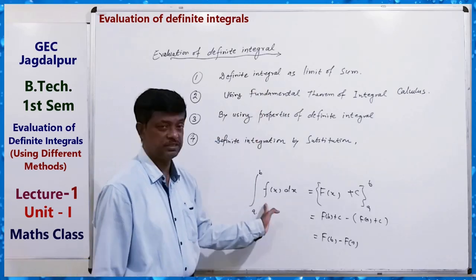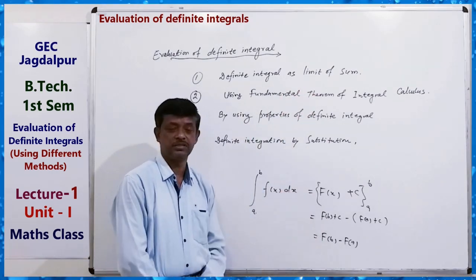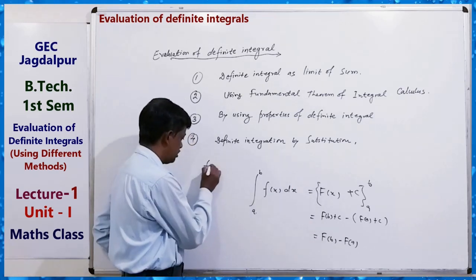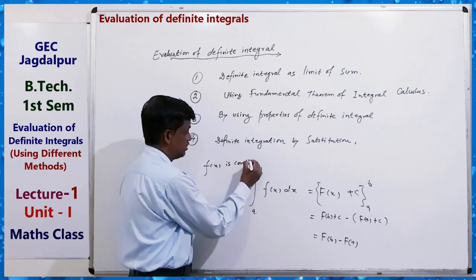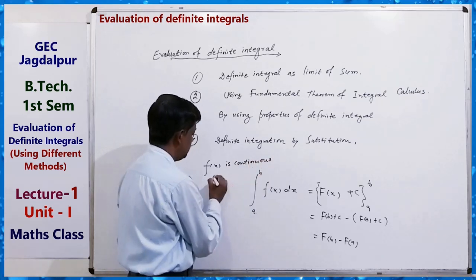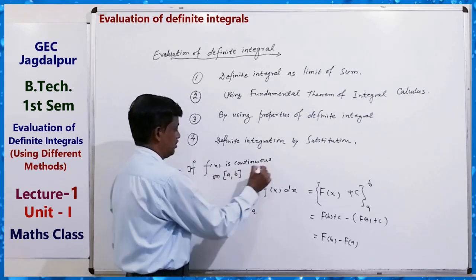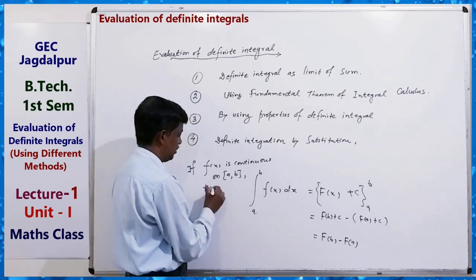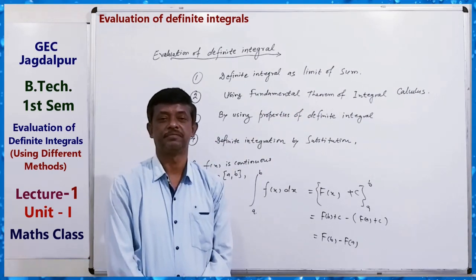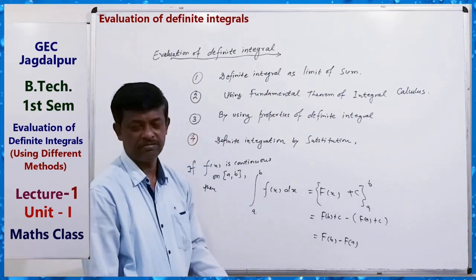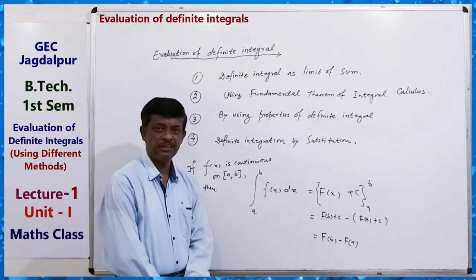So we use the fundamental theorem of integral calculus: when f(x) is continuous on the closed interval [a, b], then this is equal to this. Clear? Using this we can evaluate the definite integral.